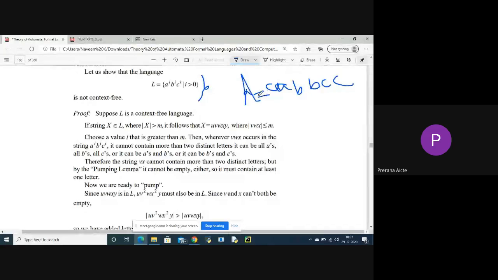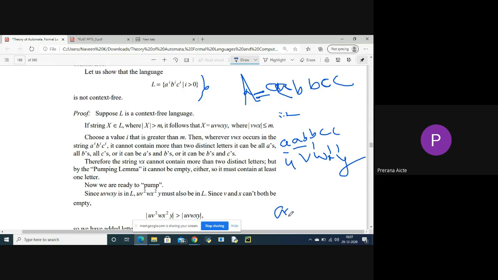For example, I will take a square, b square, c square. Then by using the pumping lemma, if I is equal to a b b c c, it is divided into u v w x y.